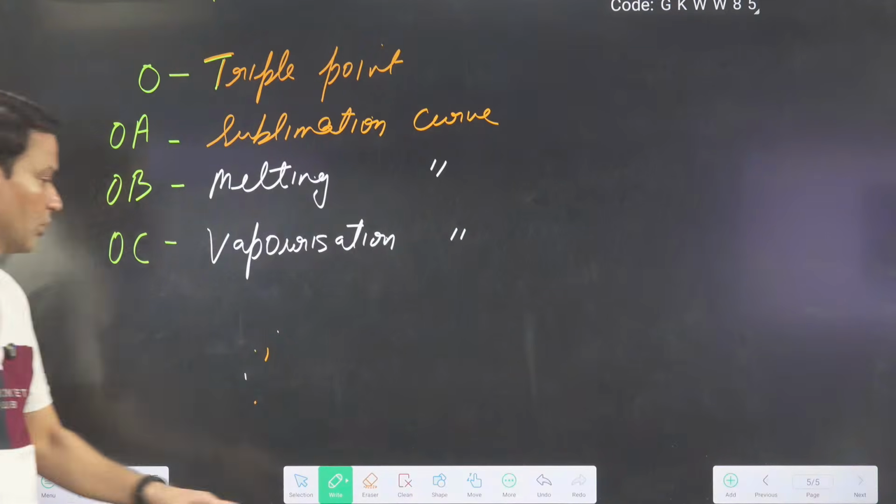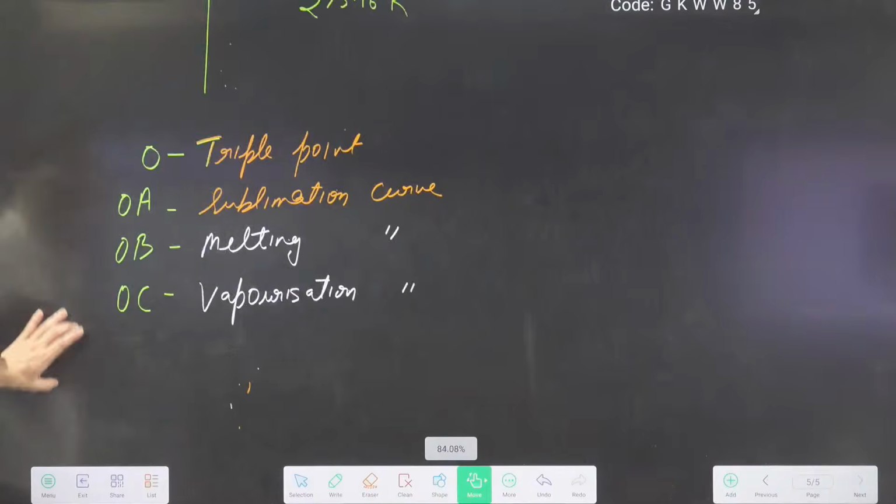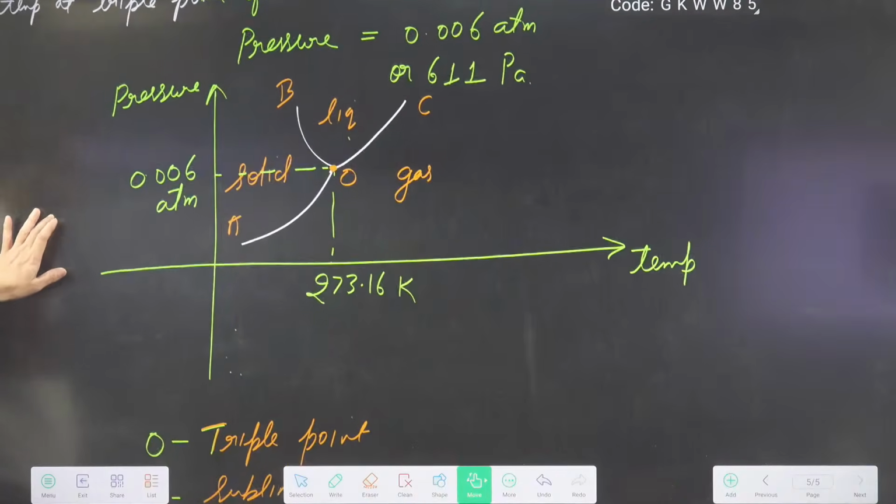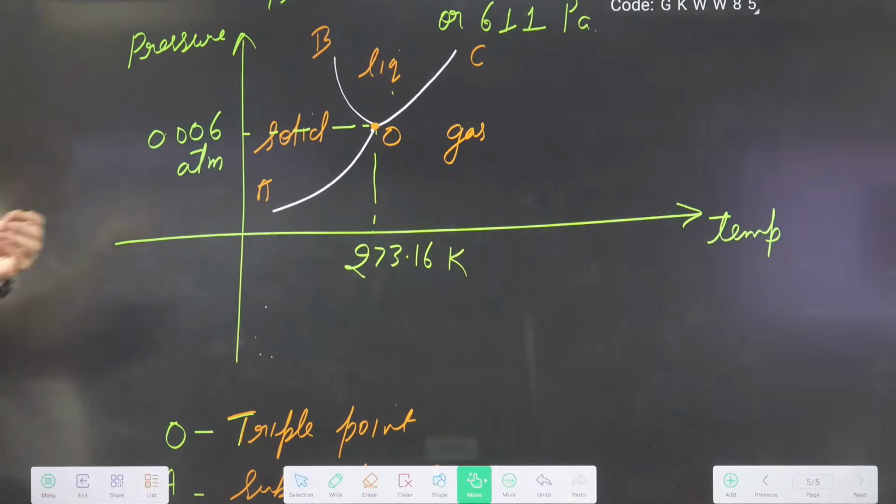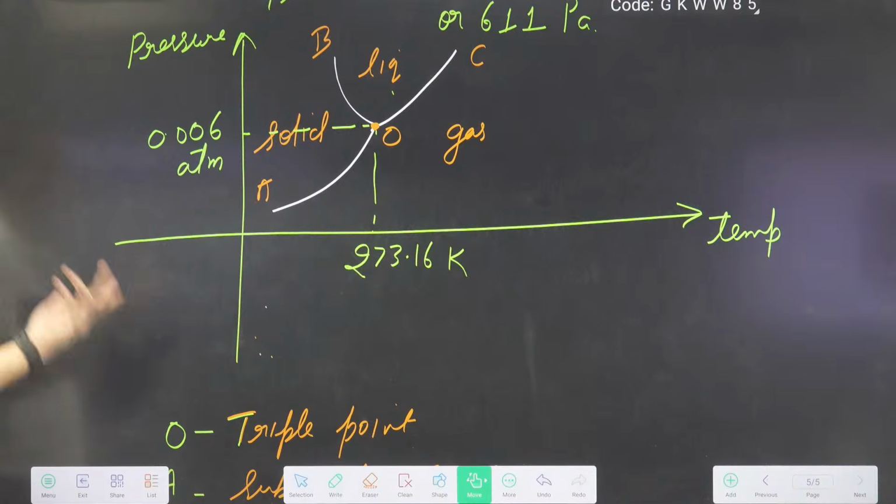Completed? Okay, so this is the second type of question they can ask in this graph.